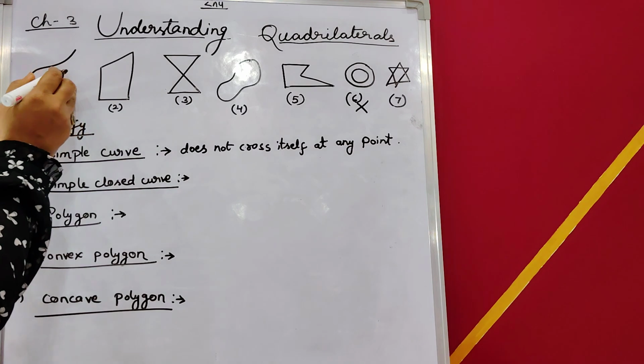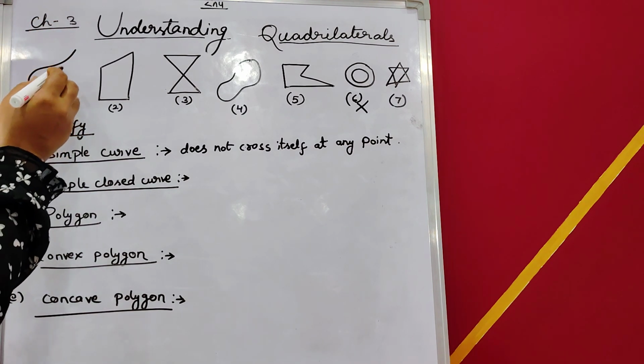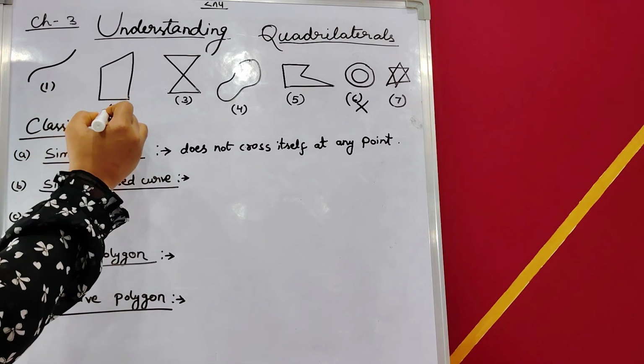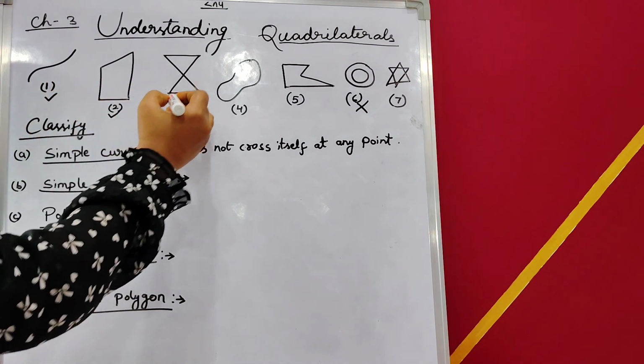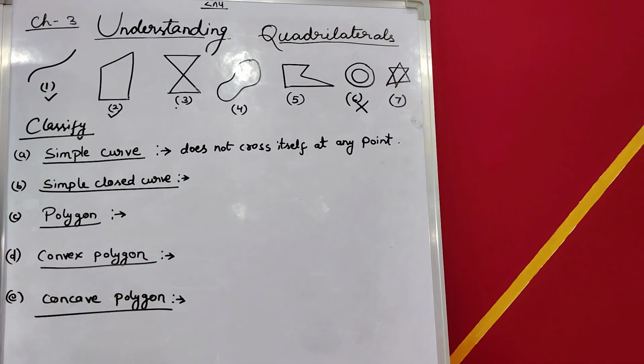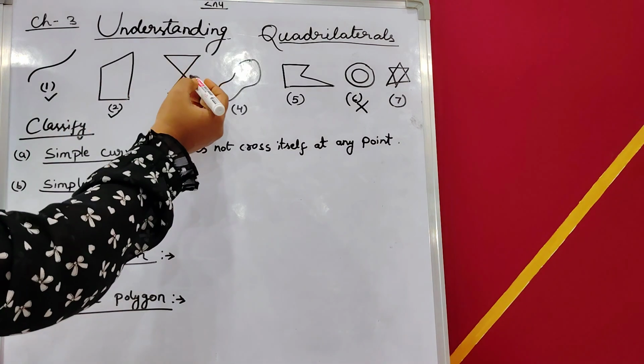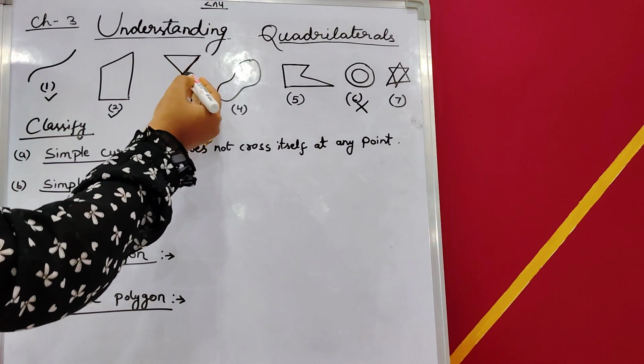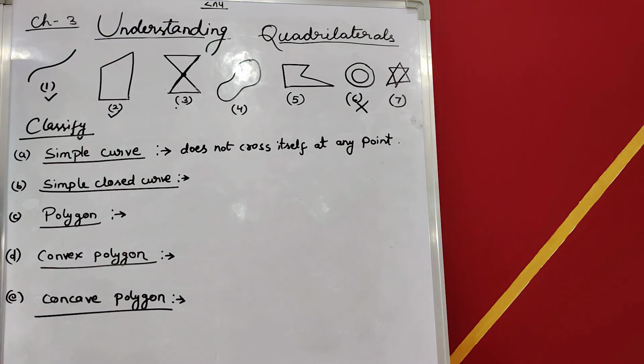So the first one is a simple curve. Yes, it is a simple curve. It is a simple curve. Yes, it is also a simple curve. No, this is not a simple curve because it is crossing itself at a point, this one. It is a curve, but it is not a simple curve.